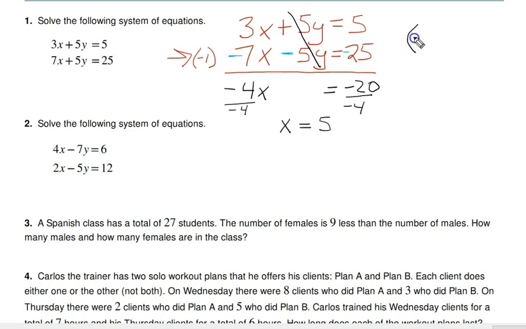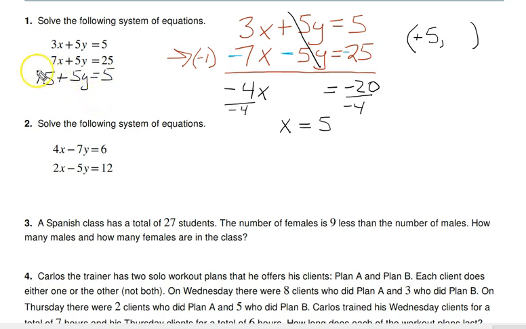So I have one member of my ordered pair now, as x is a positive 5. Now I still need to find what the y value is. And for this I can go into either equation. I know now that x is 5. So 3 times 5 is 15 plus 5y equals 5.